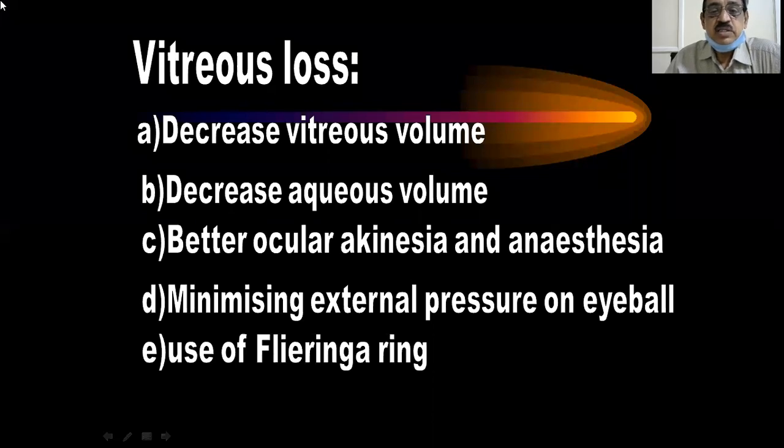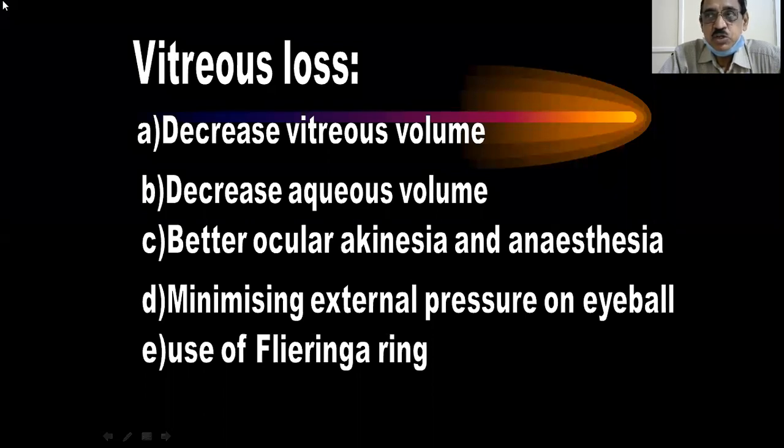So, how to decrease vitreous loss on the table: initially, prior to the surgery, we are supposed to decrease the vitreous volume by giving the patient mannitol 20% solution, 1 gram per kilogram body weight intravenously, and or glycerol.